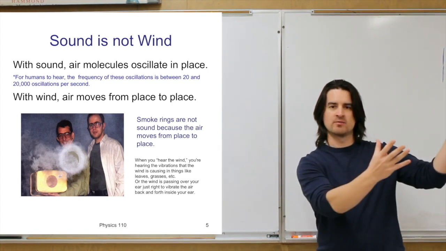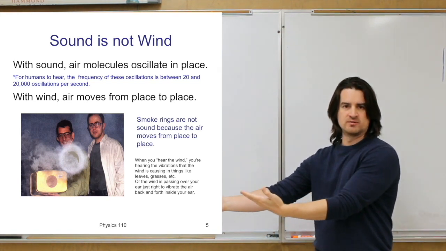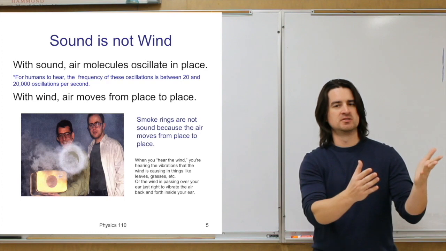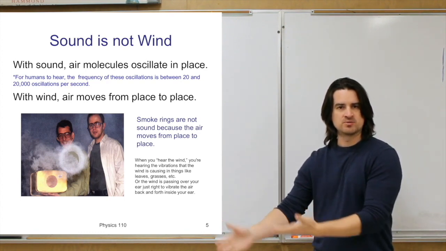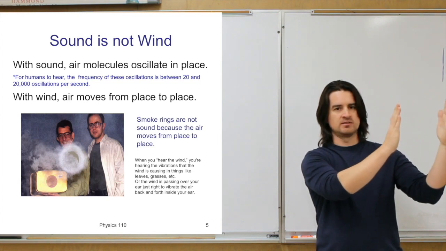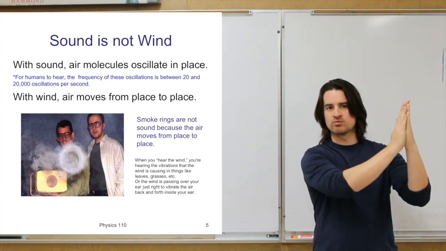So you have air molecules that start over here and are flowing over to somewhere else. Whereas in sound, it's not a big chunk of air that starts to move from one place to another. It's areas of compression that are propagating through that air.